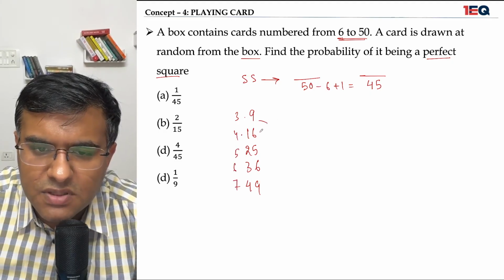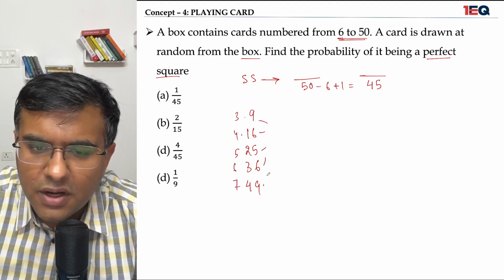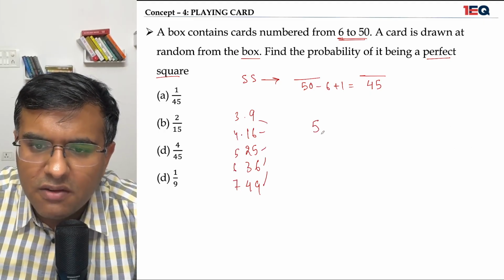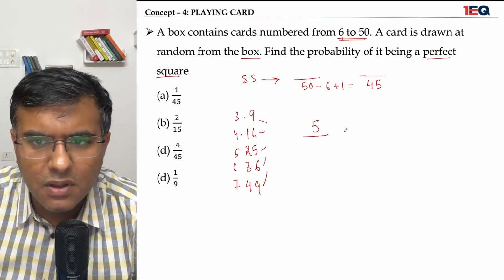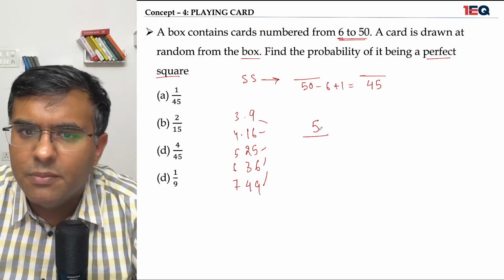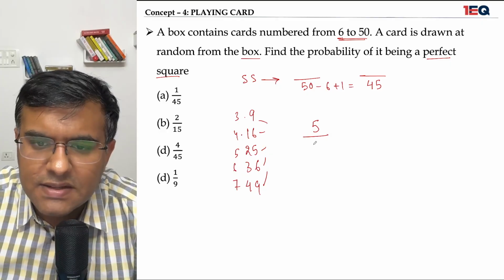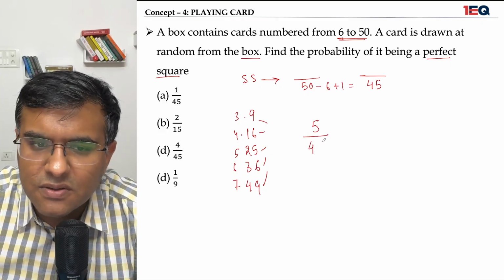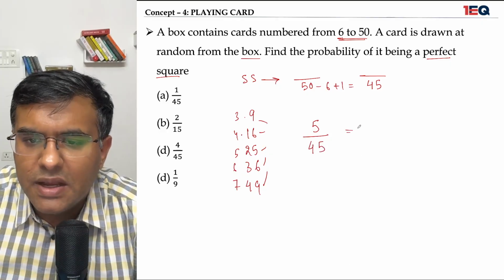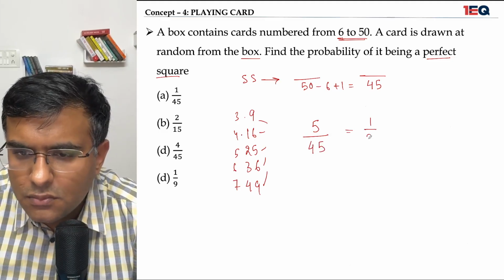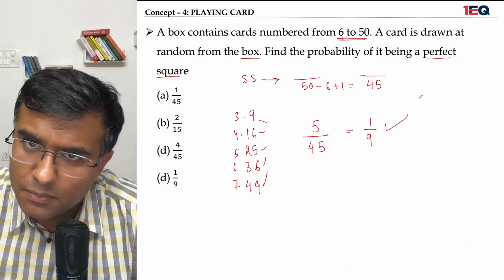So we have the possibilities 1, 2, 3, 4, and 5. We have 5 of them out of the entire sample set of 45. So my answer is nothing but 1 upon 9. Okay.